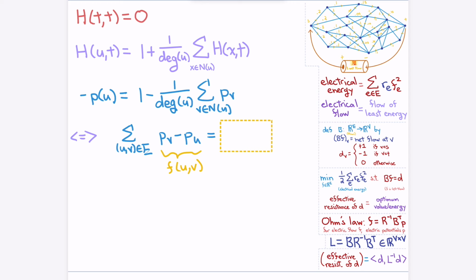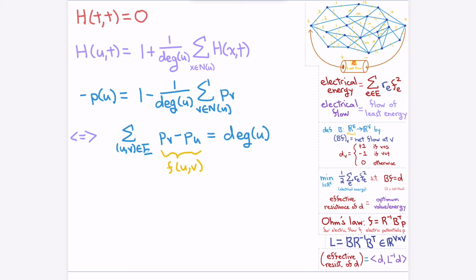So I can write on one side the sum of pv minus pu. That's the flow from u to v for every out-neighbor v. And if I rearrange, what would be on the right side of this? Degree of u. Yeah, so we multiply everything by degree of u, then we throw the sum from right to left.